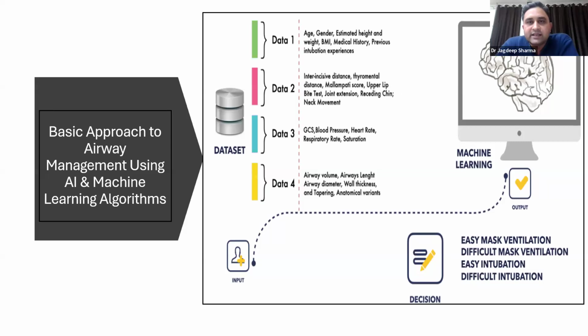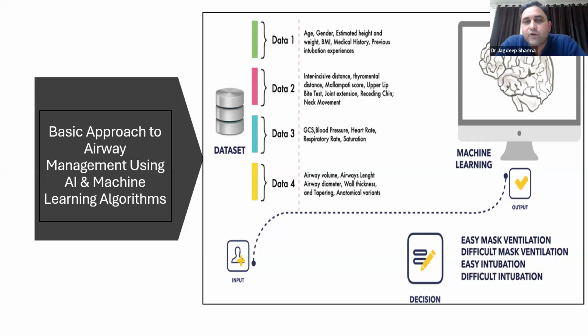So we can see that there is a huge amount of data in the form of your demographic data, including your age, gender, estimated height, weight, BMI. Second, your clinical evaluation on the basis of interincisor distance, thyromental distance, Mallampati score, upper lip bite test, extension, receding mandible, and neck movement.